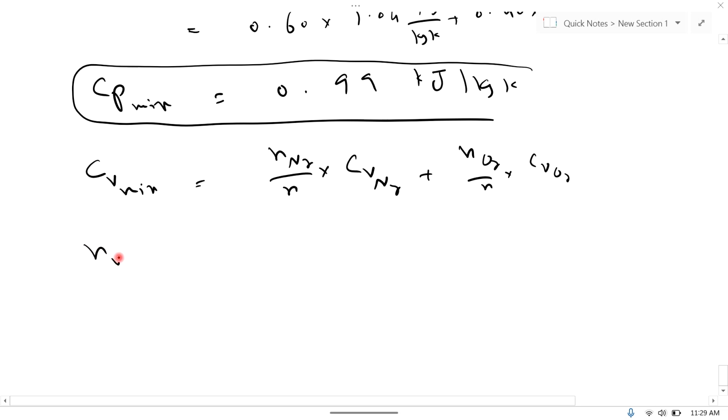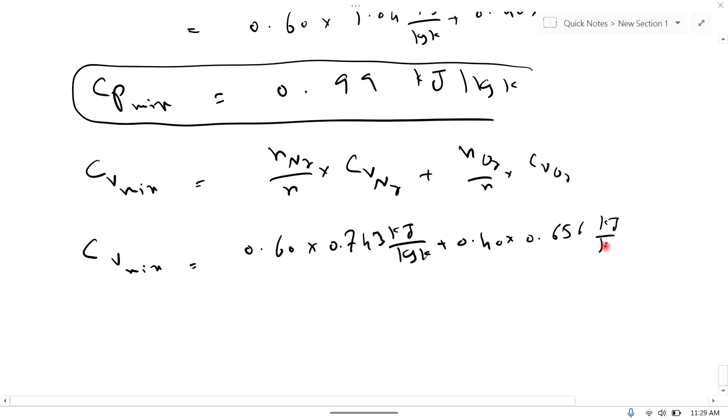So Cv of the mixture is equal to 0.60, the mole fraction of nitrogen, times Cv of nitrogen, 0.743 kilojoule per kilogram per Kelvin, plus 0.40 times Cv of oxygen, 0.656 kilojoule per kilogram per Kelvin.